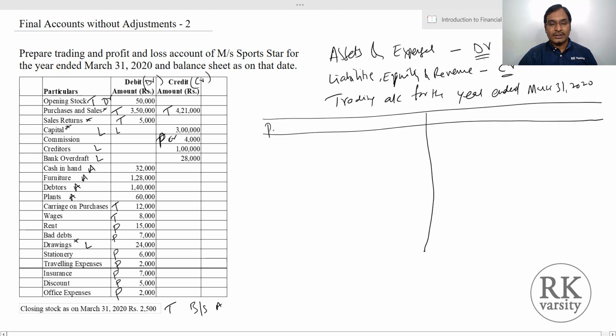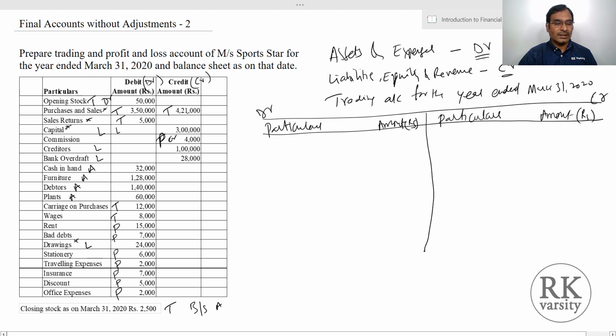Here particulars and amount in rupees, here also particulars and amount in rupees. This is the credit side and this is your debit side. First we look at the credit side values.